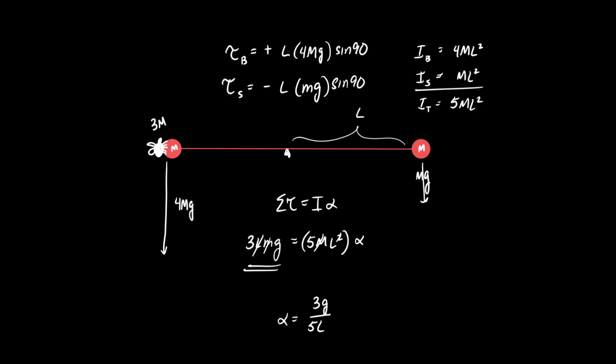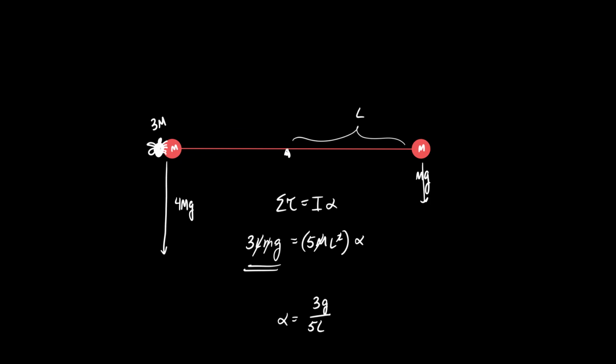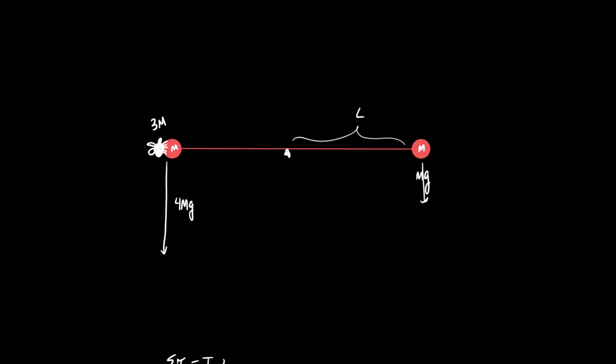But I do think you could probably use conservation of energy to figure out how fast the system is spinning at the bottom. The only thing is, if you're going to use conservation of energy for that, you don't need any of this. So just get all this out of the way. So this represents the initial state of the system.